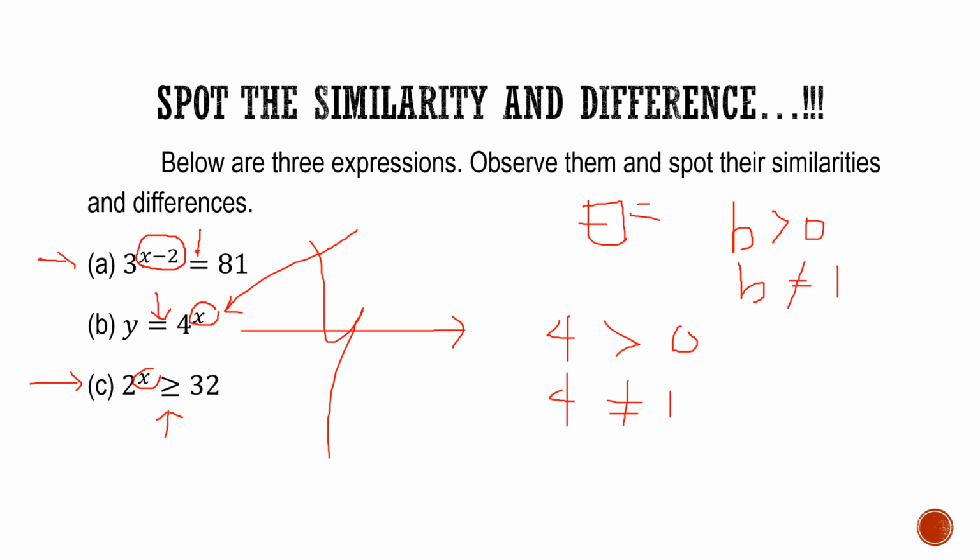Now, let's try to recall that B is a good example of exponential function. Yes, it is, because we satisfied the two considerations that we are looking for before we conclude that this given is a good example of an exponential function.